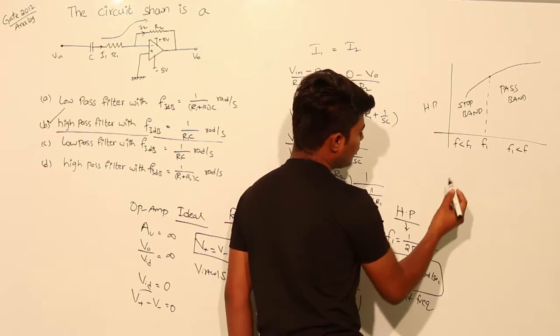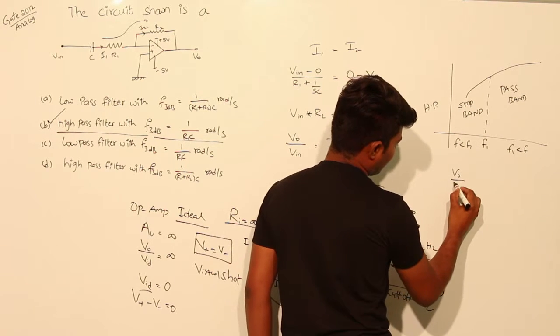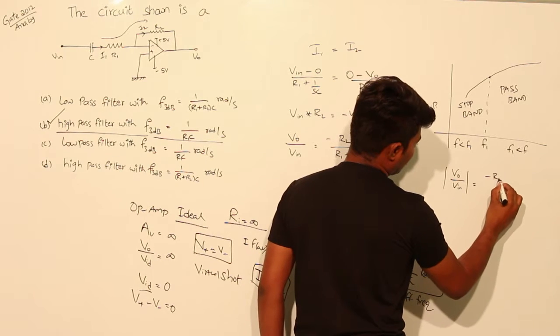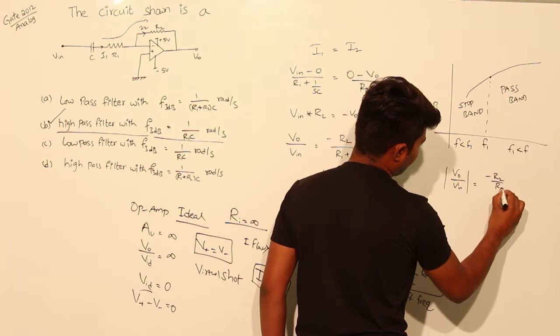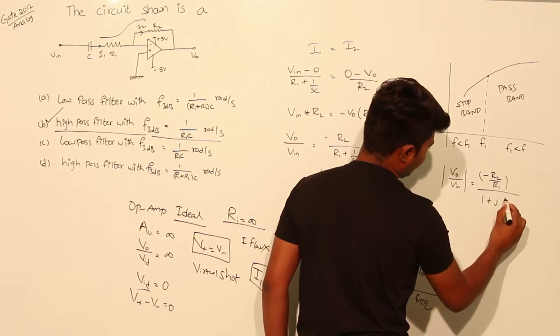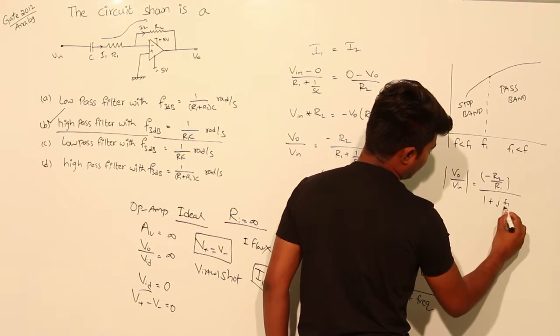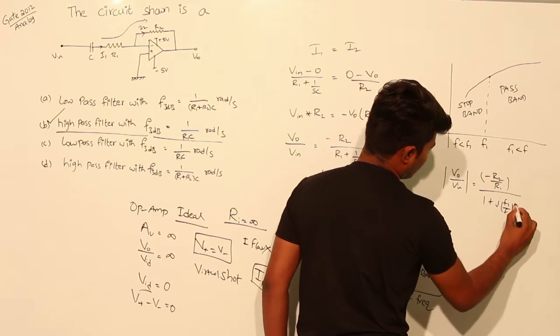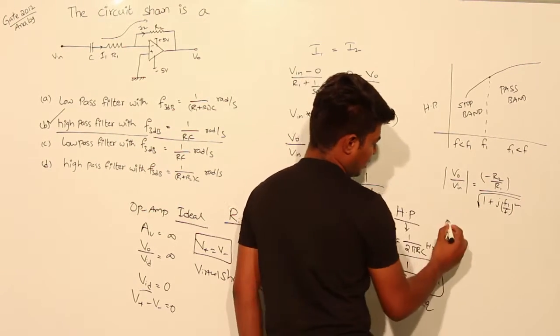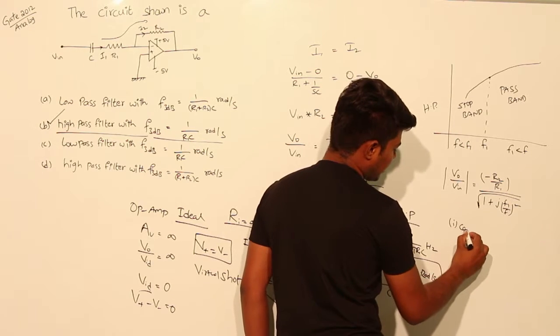Now we calculate the gain. The modulus of V0 by Vin is equal to minus R2 by R1 into 1 by the square root of (1 plus (F1 by F) whole square). Now here there are two cases.